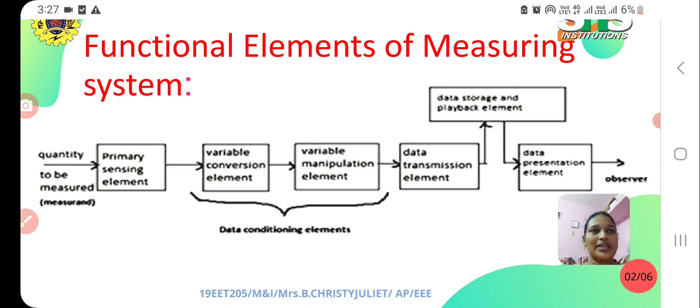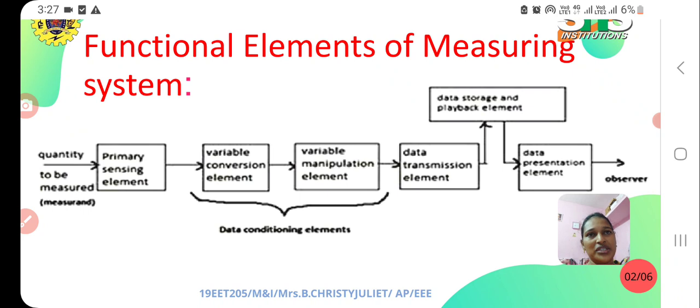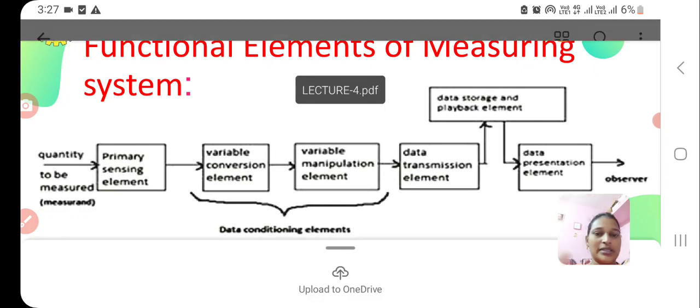So you have a mechanical setup which produces an equivalent movement of the pointer corresponding to the amount of current being measured, and a data presentation element, which is nothing but the scale or the dial which shows the ammeter reading. So basically it has three blocks, whereas the general measuring system will have 5 to 6 blocks, which we will discuss now.